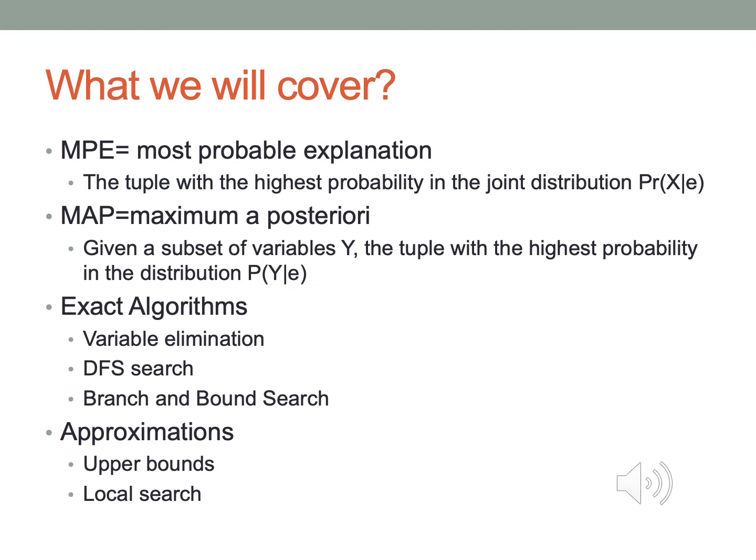As you can imagine, if the set Y includes all the non-evidence variables in the graphical model, then MPE is nothing but MAP inference. Therefore, MPE is a special case of MAP.